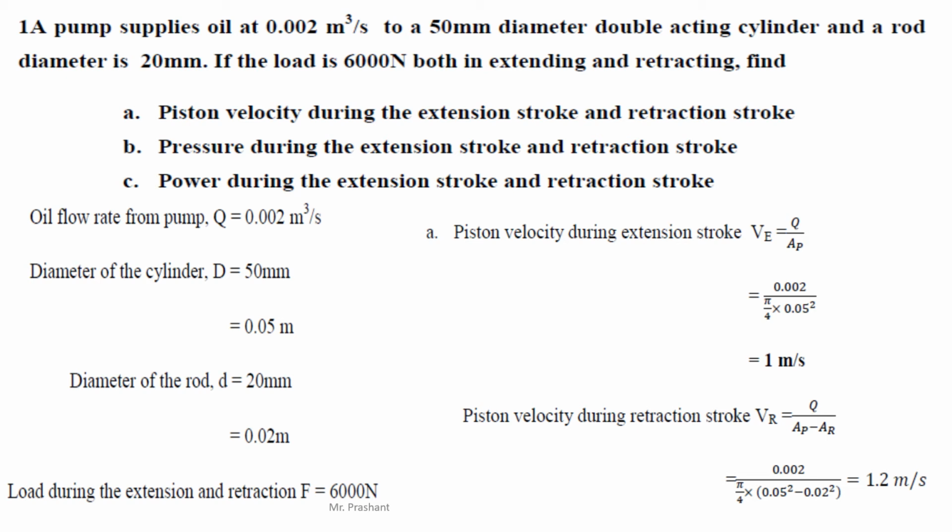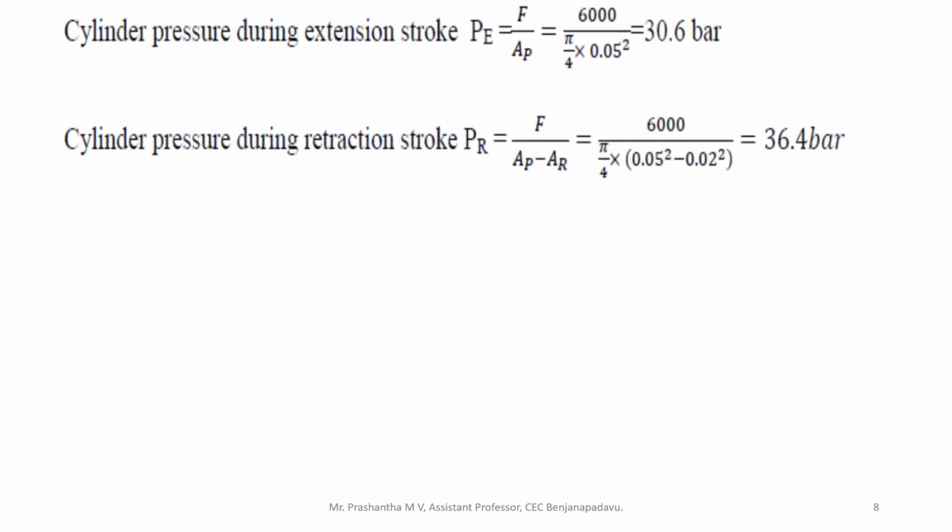Next we will move on to sub-question B, cylinder pressure. Cylinder pressure during extension stroke, that is PE equal to force dividing by area. Pressure during extension equal to force during extension dividing by area of piston.